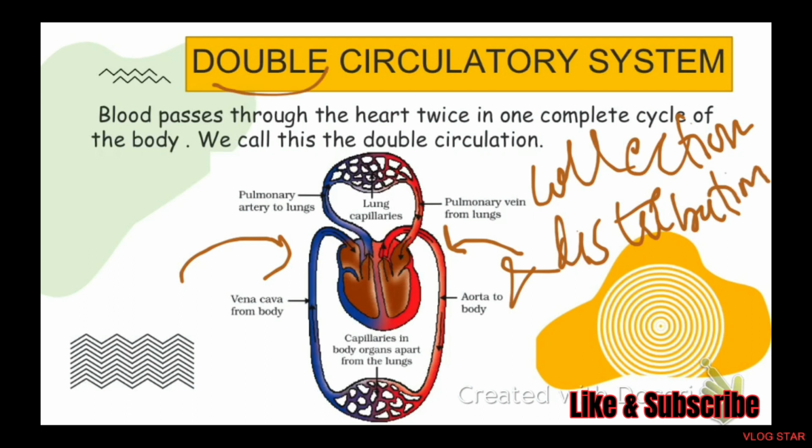That is why we say double circulation, because it has two roles, the collection and the distribution. It is collecting the deoxygenated blood and sending it to the lungs. It is collecting again from the lungs, bringing it back to the heart, and from the heart it is distributing it to the entire body. So that's why it's a double circulation.